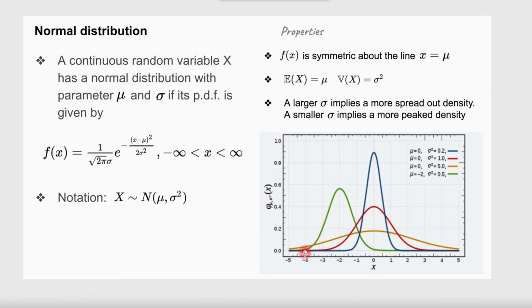Because sigma is larger, it's more spread out, and again symmetric about the line x equals 0. The last one, the green curve, mu is equal to negative 2, sigma squared is equal to 0.5. Because mu is equal to negative 2, it's symmetric around the line x equals negative 2.